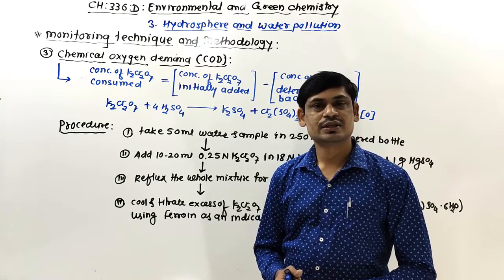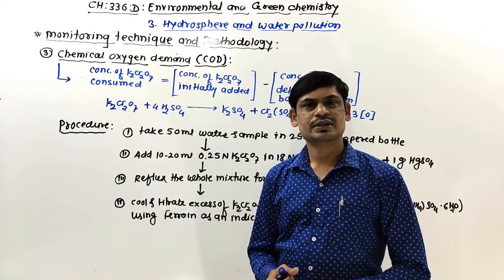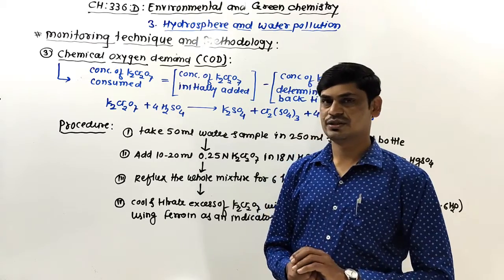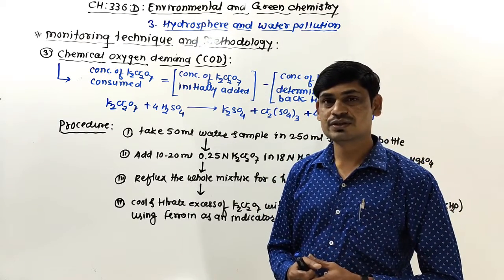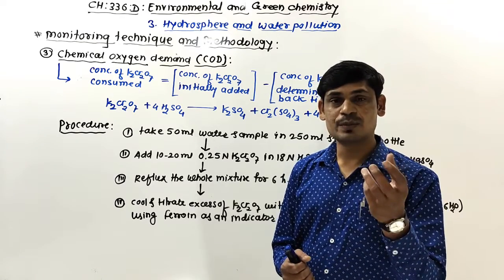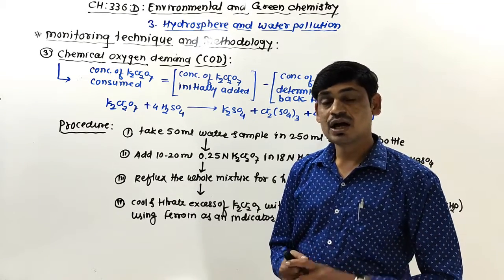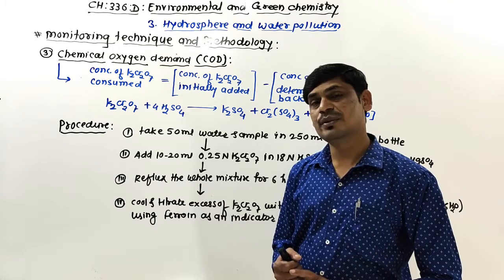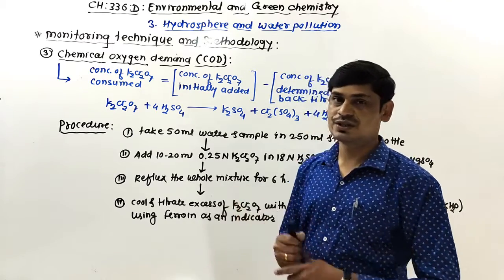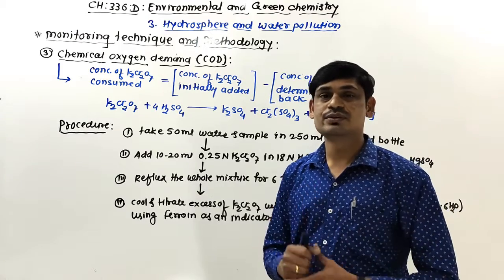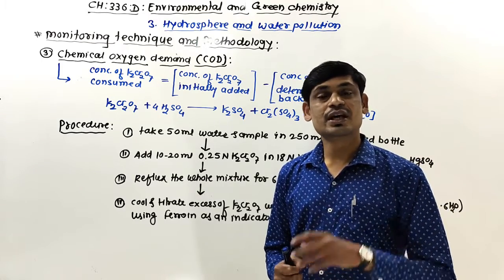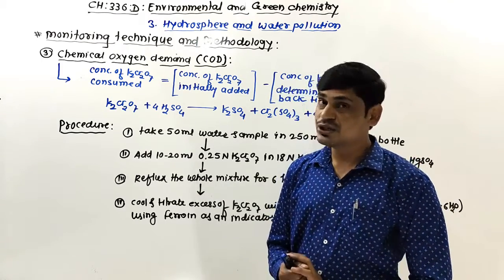potassium dichromate is calculated by back titration, and therefore now we have all the values, that is the amount of potassium dichromate added and the amount of potassium dichromate left after oxidation, which is calculated by the back titration. From these two values we can calculate the amount of potassium dichromate consumed.